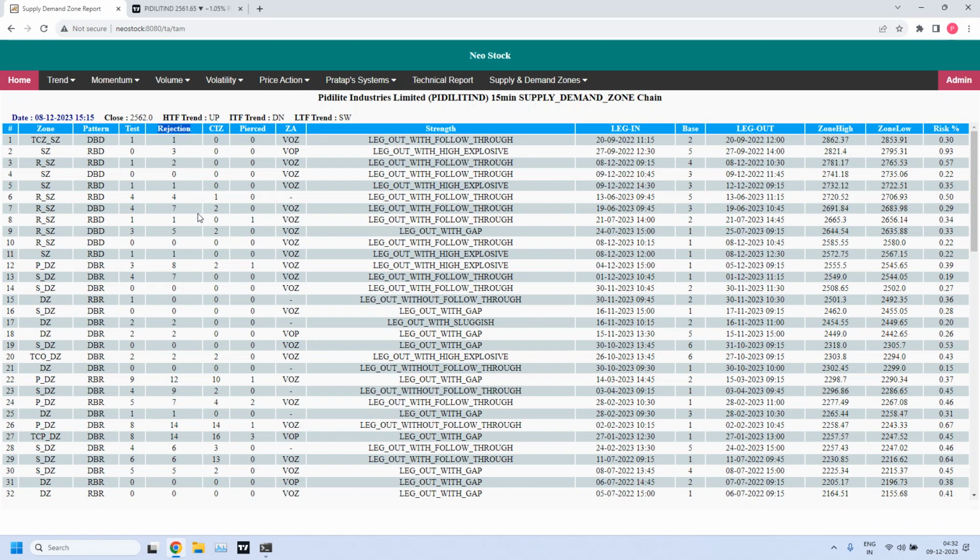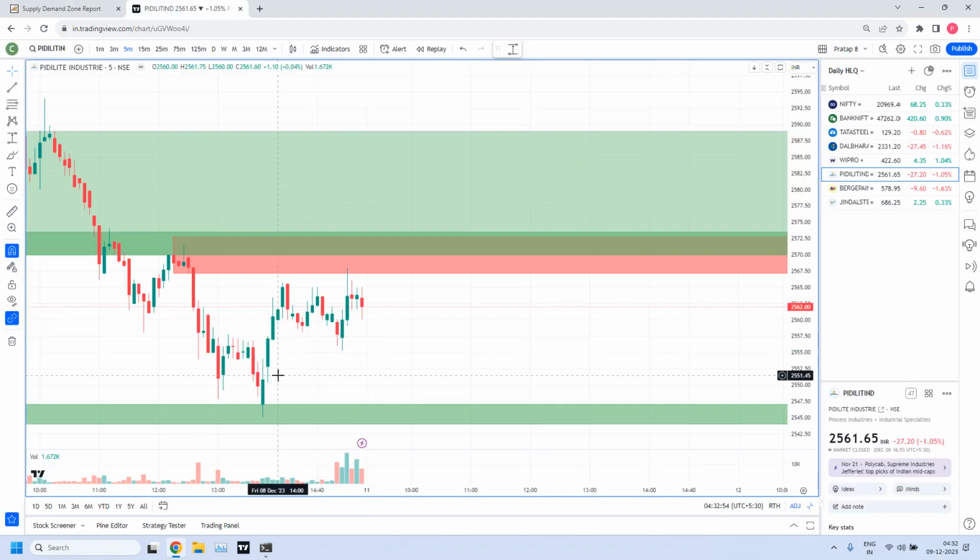Even in the other regular demand and supply zone reports, we have this column, rejections. Rejections are a very important price action clue. Most of the time, more than 90%, you get success if you are able to trace these rejections in a proper way. So today again another successful trade.